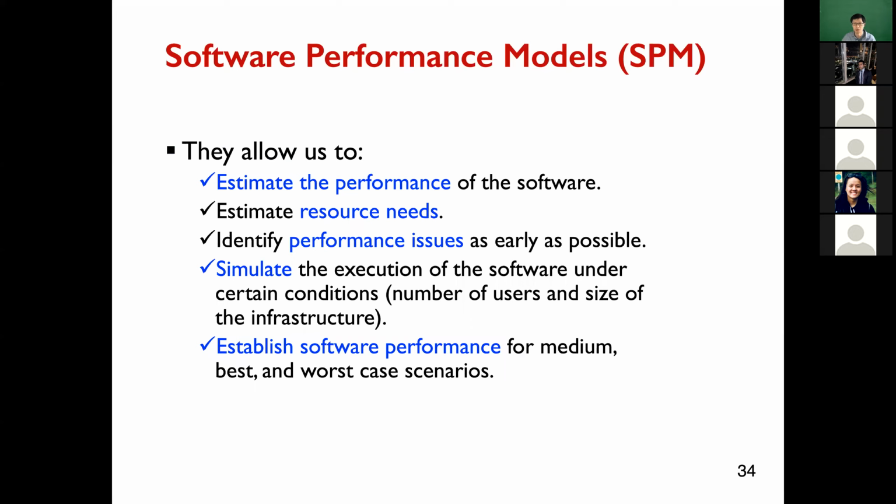We don't need to actually run the test to get the performance. We can just use our performance model to simulate it. We can also establish the software performance for average, best, and worst case scenarios. So these are the things that software performance models can tell us.